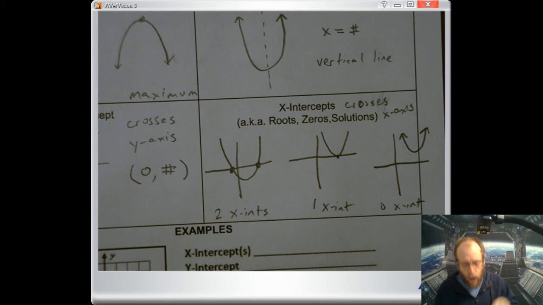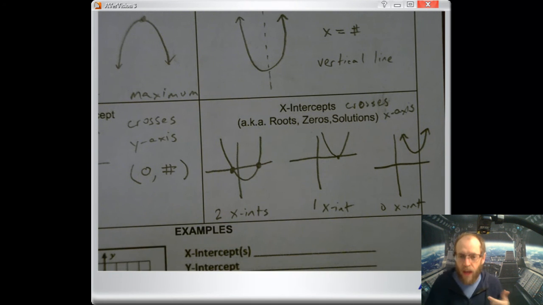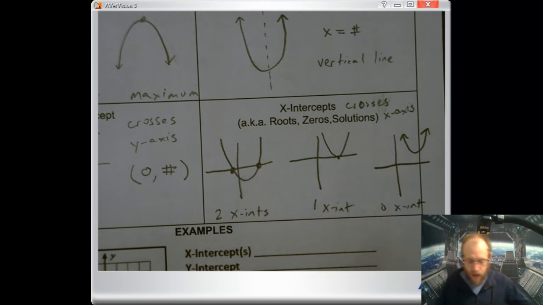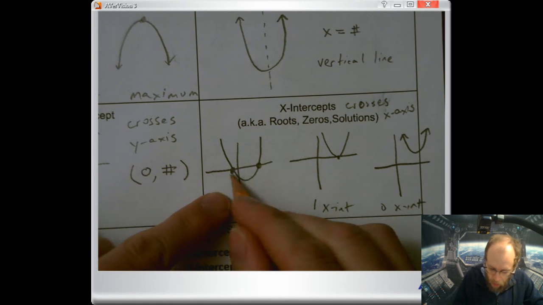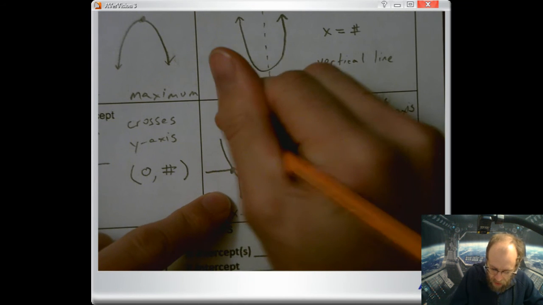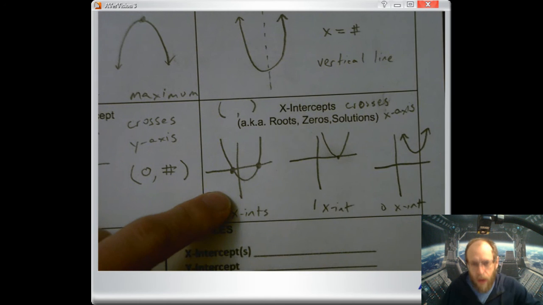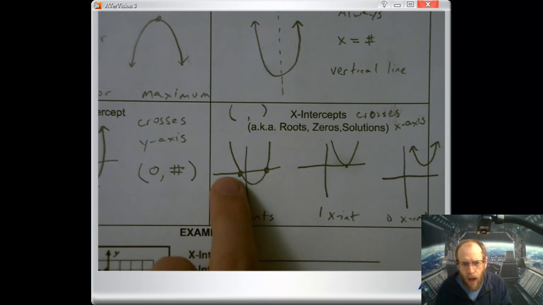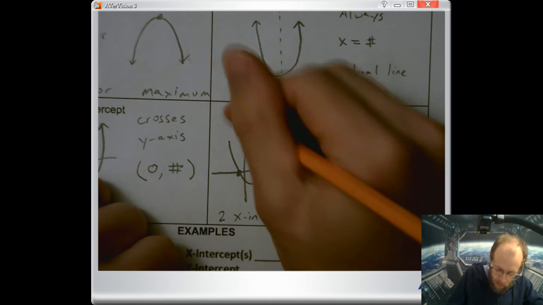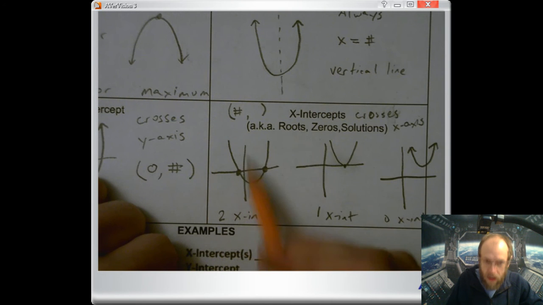So you're looking for where your parabola crosses the x-axis. It could be twice, it could be only once, and it could be never. And again, these are points. So when I write the x-intercepts, I'm going to write them as points with coordinates. Here, the x value is always going to be some number, but the y value is always going to be 0.